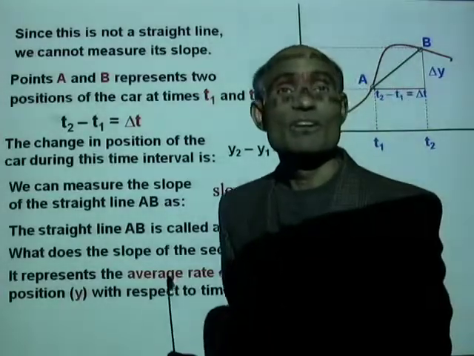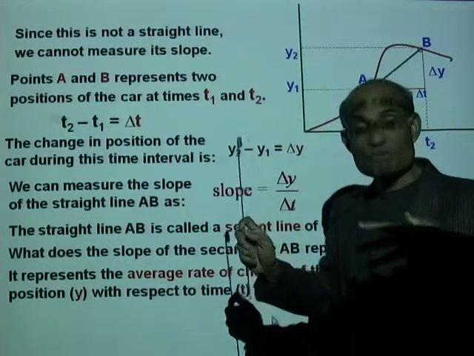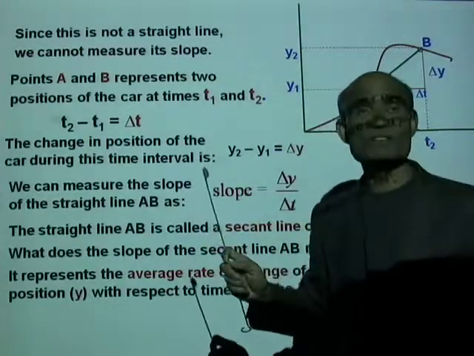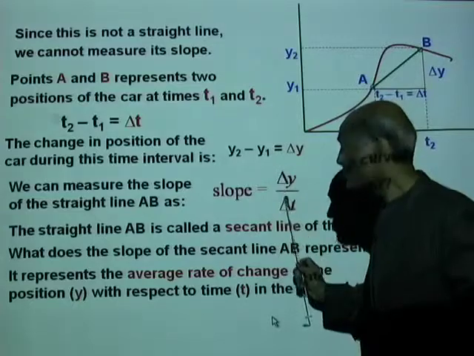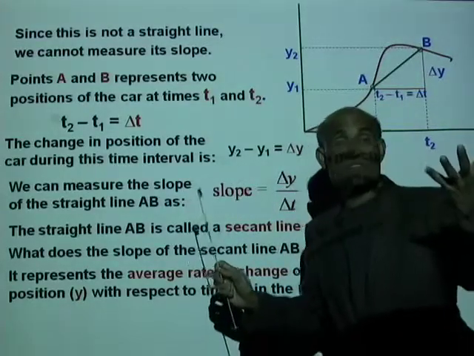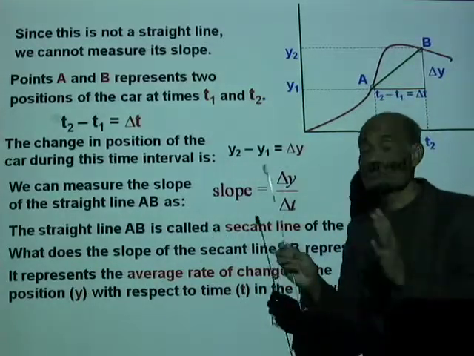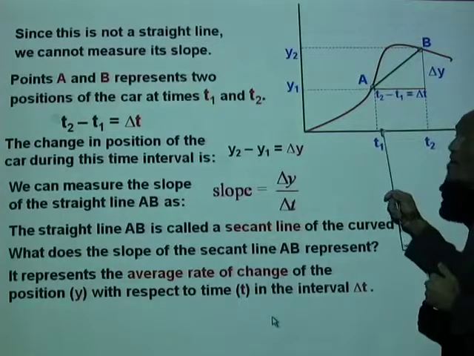That means, in a situation like this where the change is not a constant, delta y by delta t does not give you the rate of change, but we can say it represents an average rate of change during this time interval.